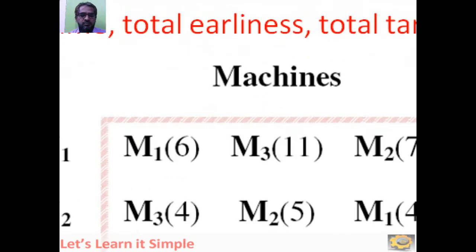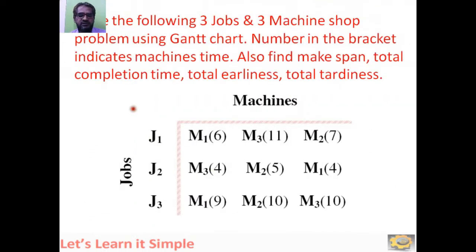So this is the problem we discussed in the previous video. We have 3 jobs with 3 machines. We need to schedule these 3 jobs on 3 different machines with a sequence of operations. Now we have drawn a Gantt chart, and using the Gantt chart we scheduled the jobs on the different machines.